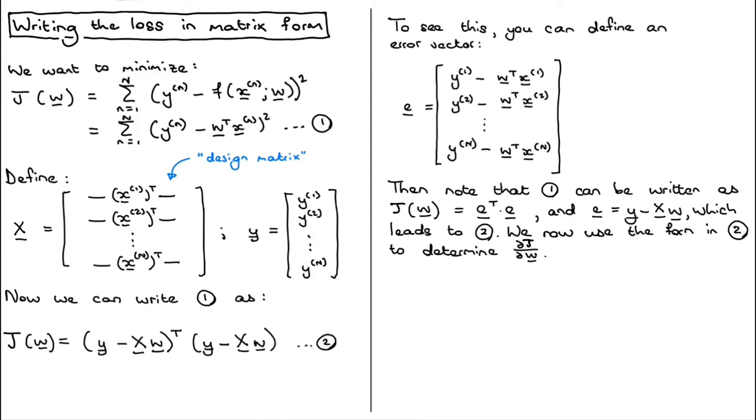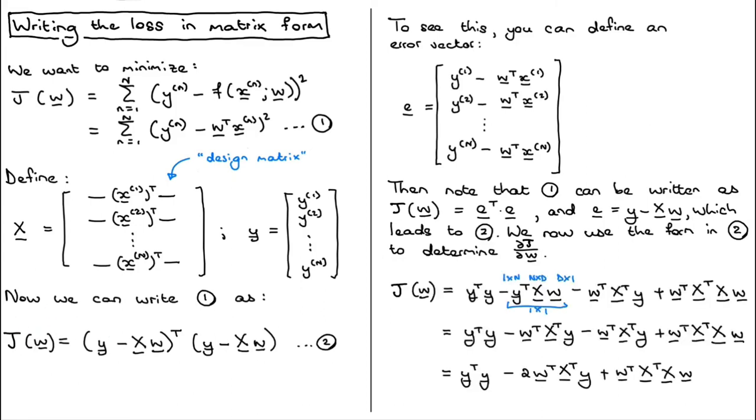Okay, so why did we go through all of that effort? We now have a form for the loss function J containing only matrices and vectors. And this means we can just use our vector and matrix derivatives to determine the derivative of the loss with respect to the parameter vector. To do this, before we take the derivative, I'm just going to multiply out J a little bit more.